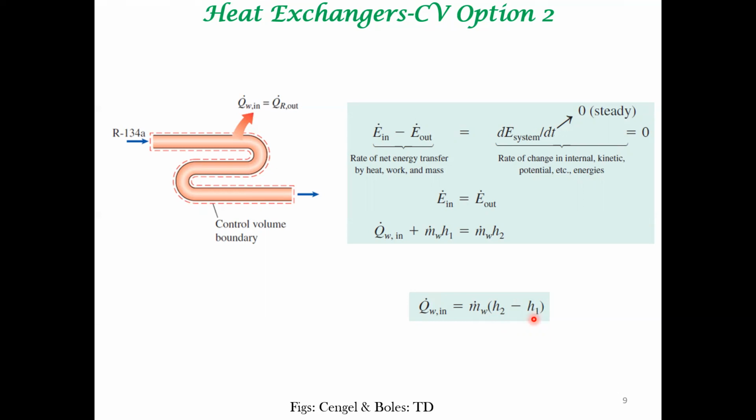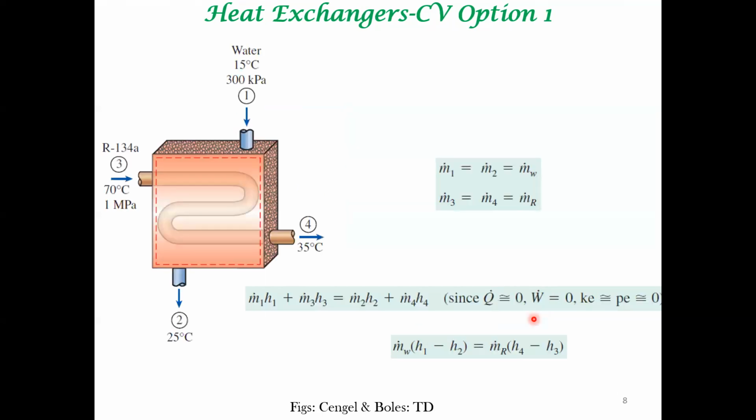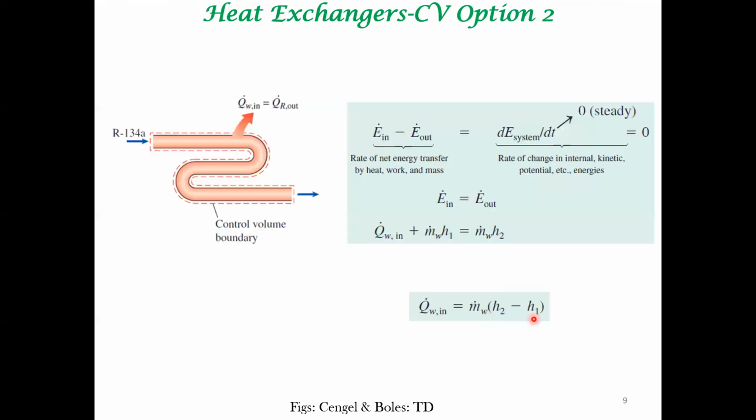Okay, so that is the way you use the first law of thermodynamics for analyzing this system. So the take-home message is you can use two different control volumes and get two different pieces of information from such an analysis.